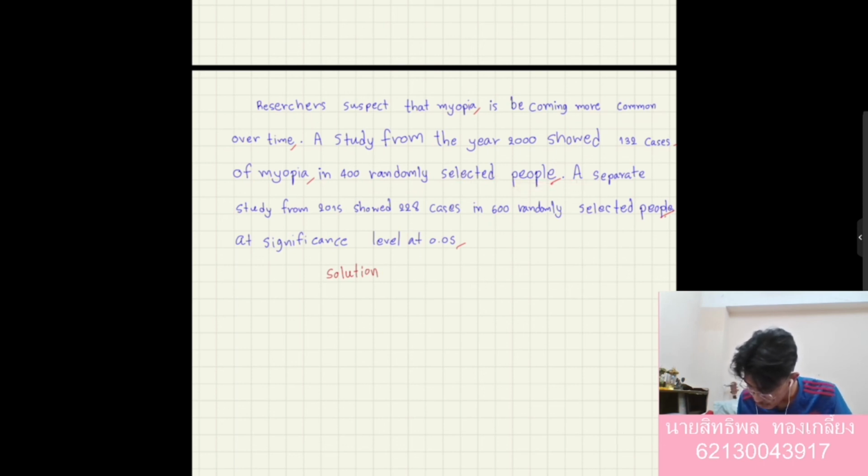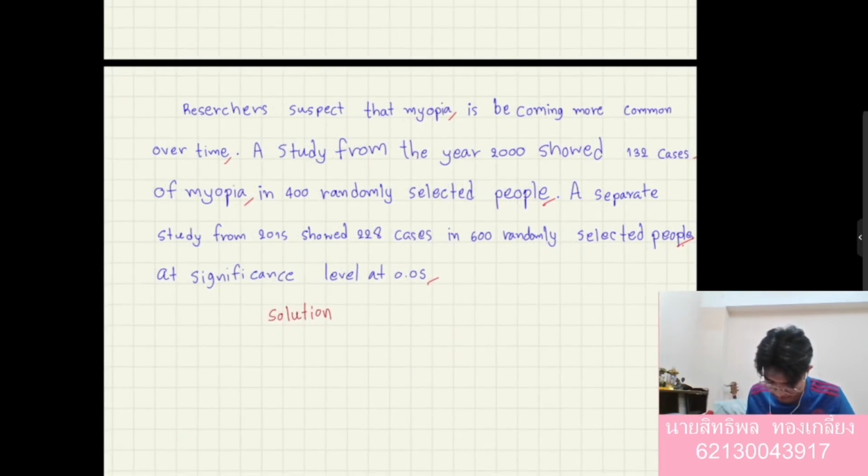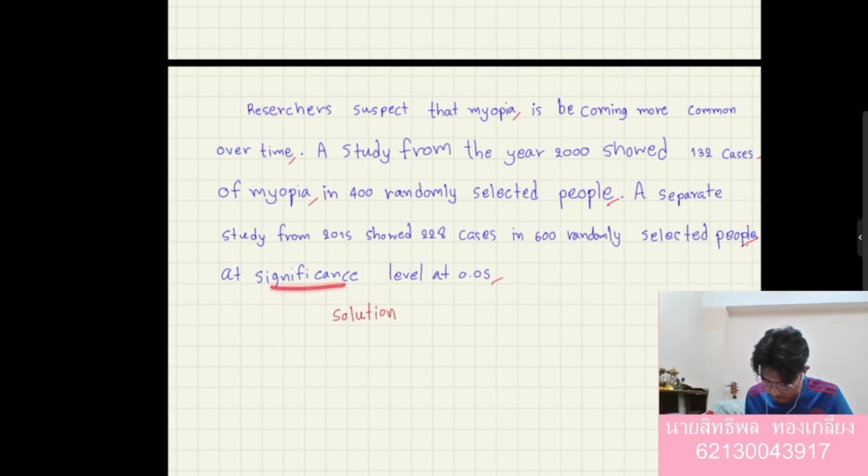A separate study from 2015 showed 228 cases in 600 randomly selected people.